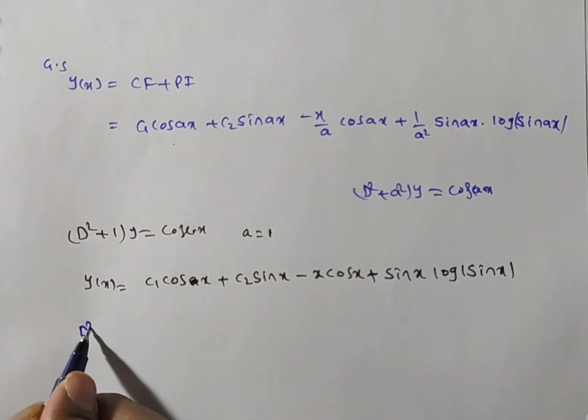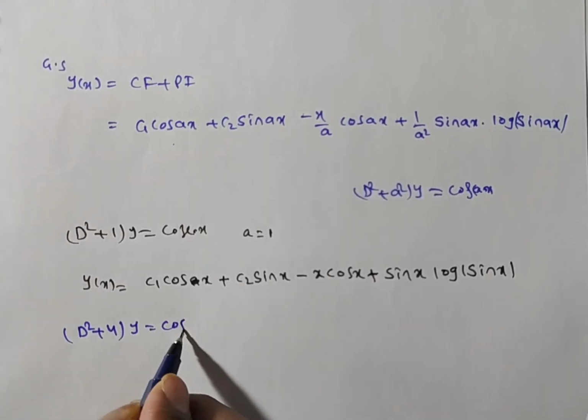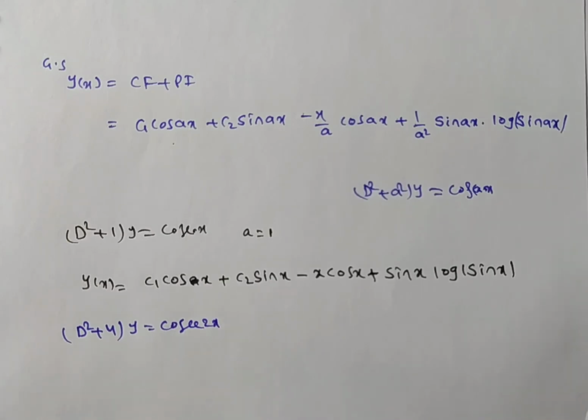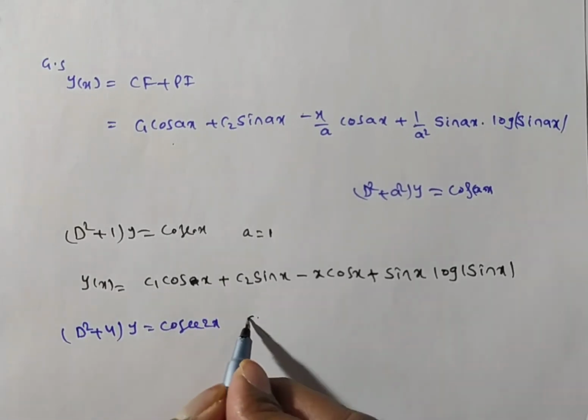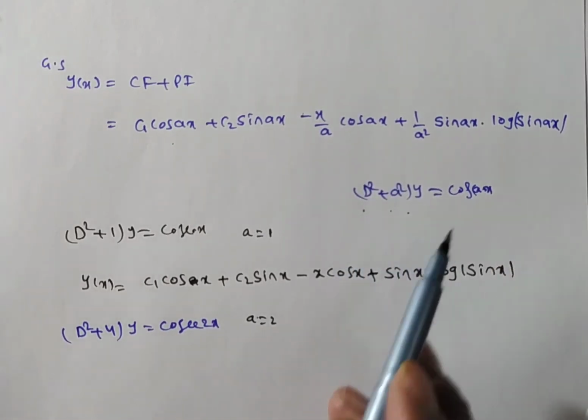Next, the third problem they have given: d square plus 4 into y is equal to cosecant 2x. So what do you have to substitute now? We have to substitute a is equal to 2 in the general solution of d square plus a square into y is equal to cosecant ax.